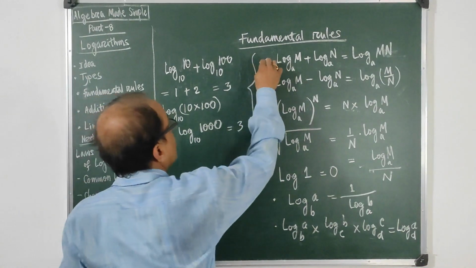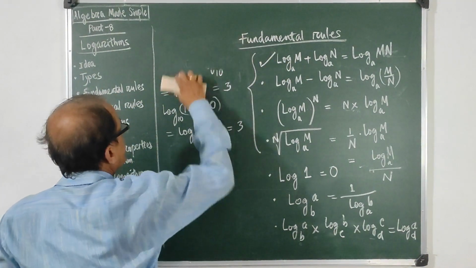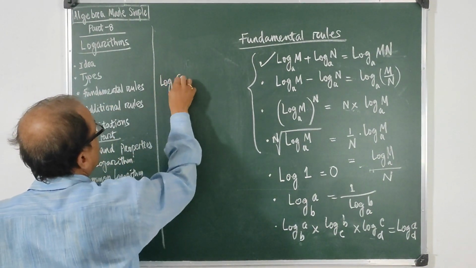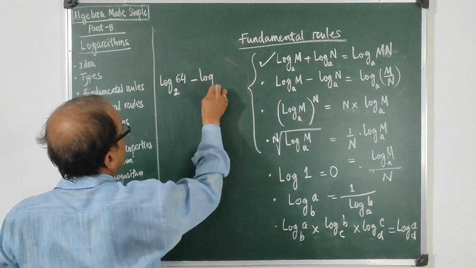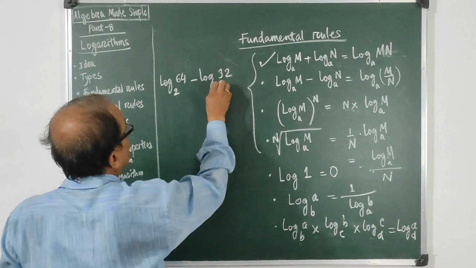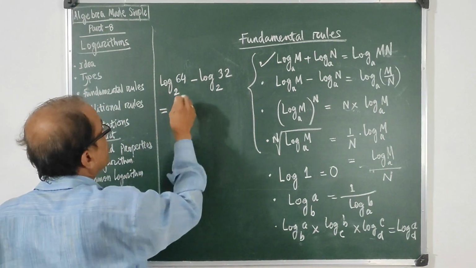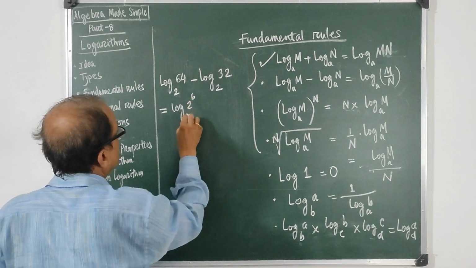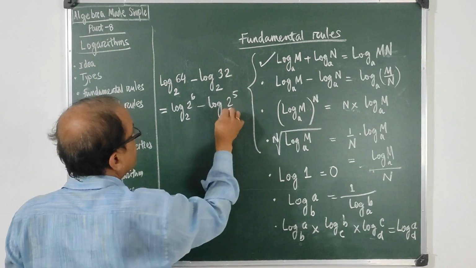We get this rule. Suppose we take a minus. Log 64 to the base 2 minus log 32 to the base 2 is, 64 is 2 to the power 6, minus log 32, which is 2 to the power 5.